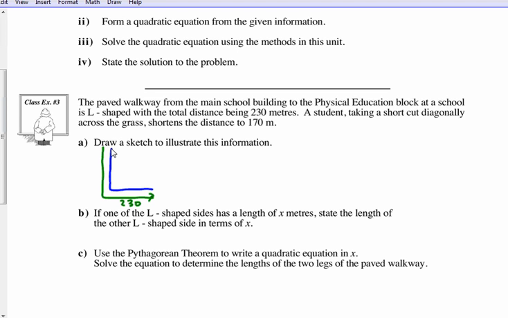A student taking a shortcut diagonally, Dean, God, he doesn't want to be late for class, across the grass, he can walk it in 170 meters. Smart man. It's a triangle. Specifically, what type of triangle? A right angle triangle.